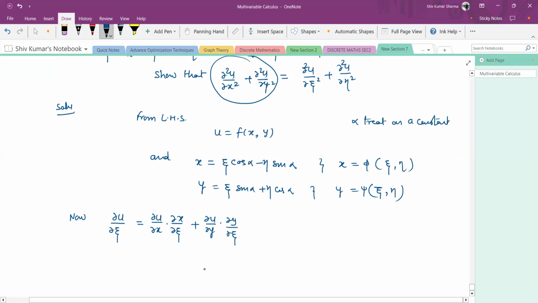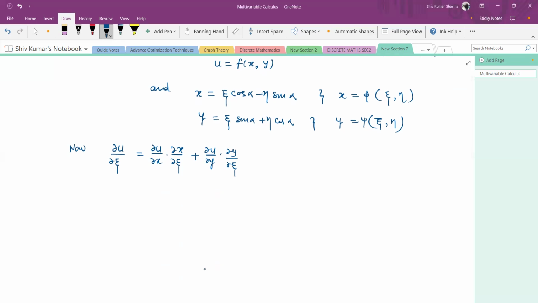So here we write ∂u/∂x into ∂x/∂ξ. Differentiation of x with respect to ξ gives us cos α. When we differentiate partially with respect to ξ, η is treated as a constant.